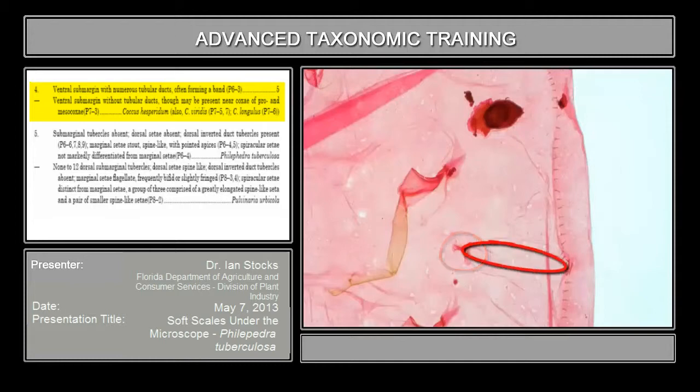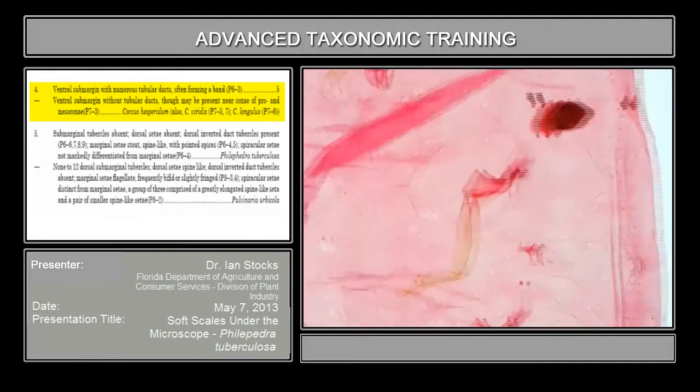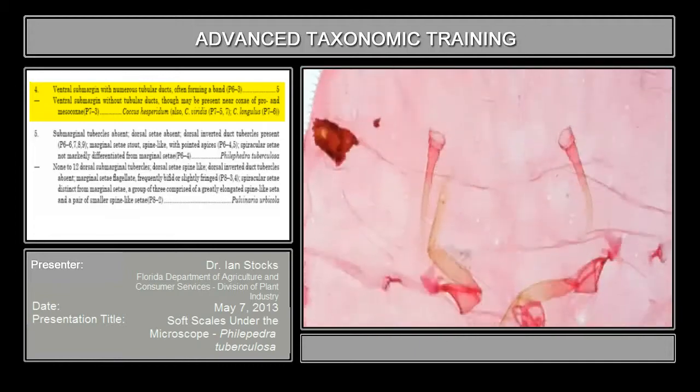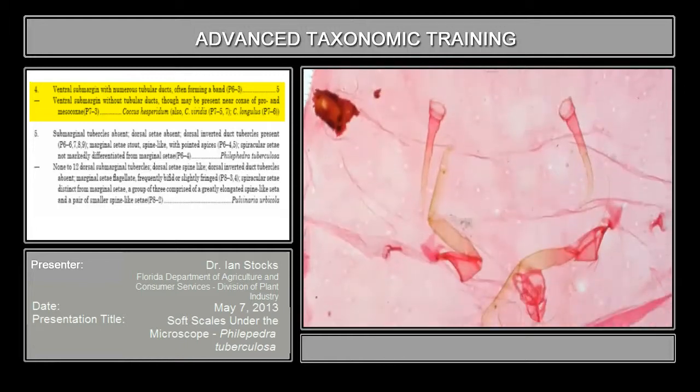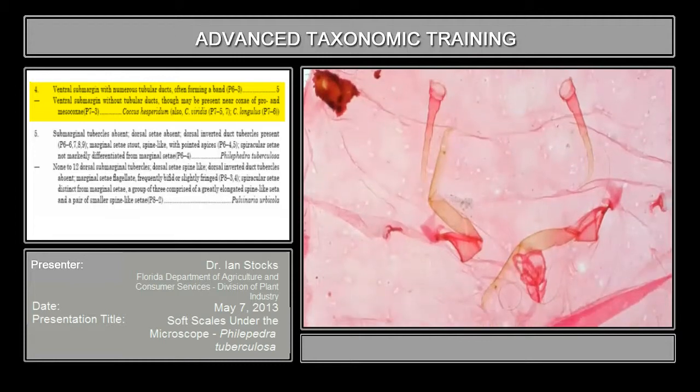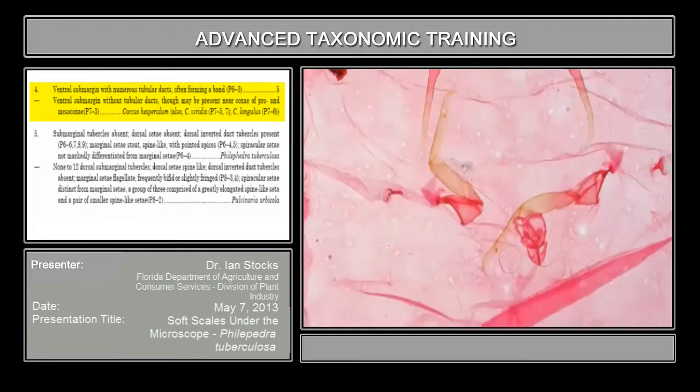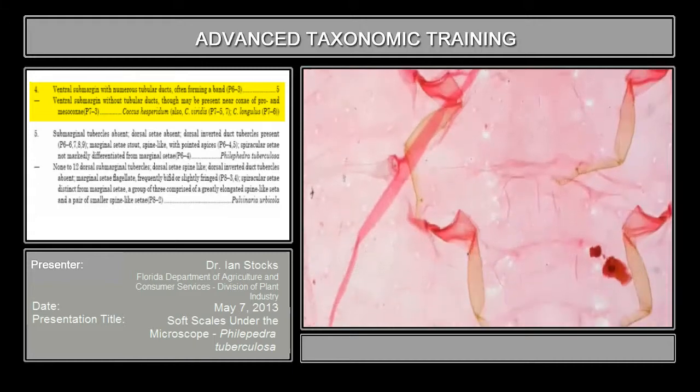Spiracular furrow. There's a spiracular margin right there. Antennae are fairly straightforward in this genus, as are the legs. As far as I know, all the species have a tibio-tarsal sclerosis, and they're well developed.